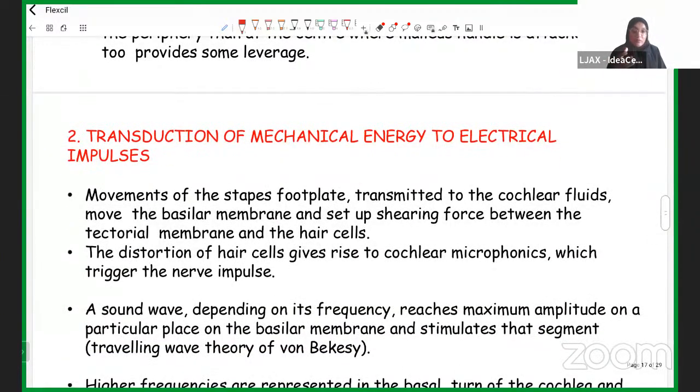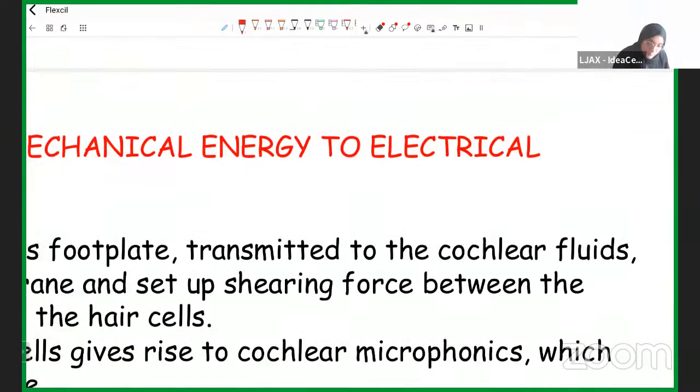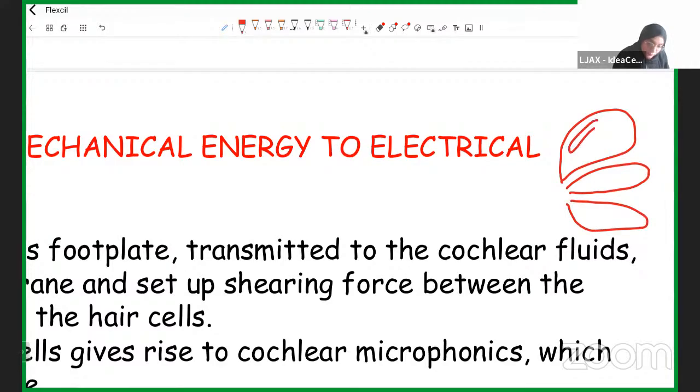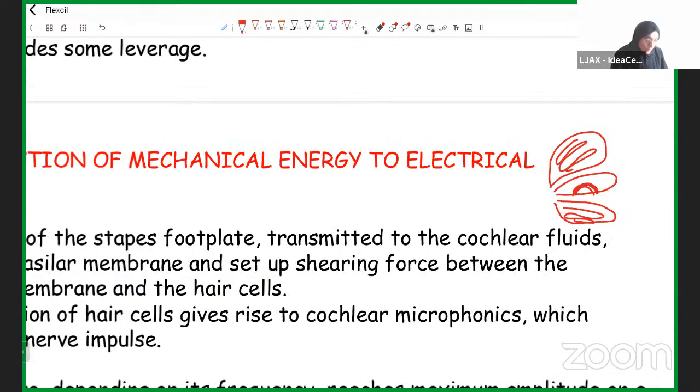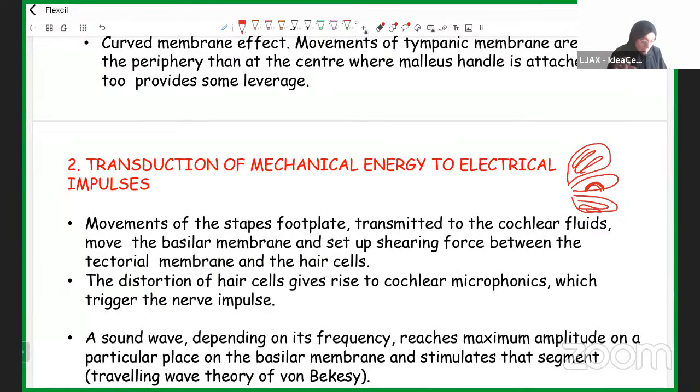Now what happens after the sound crosses the tympanic membrane? There is transduction of mechanical energy to electrical impulses. So the movement of the stapes footplate is transmitted to the cochlear fluids. Here, this is scala vestibuli, scala media, and scala tympani, right? So here we'll have fluids, and here we'll have the organ of Corti. So with the movement of the stapes footplate, the basilar membrane is stimulated when the cochlear fluids start transmitting the sound.